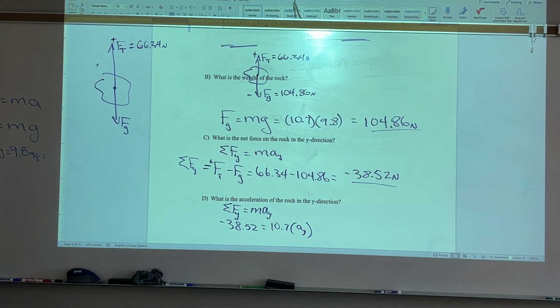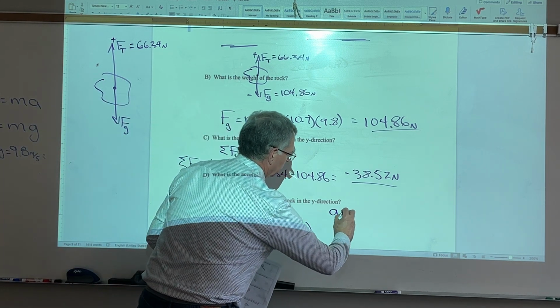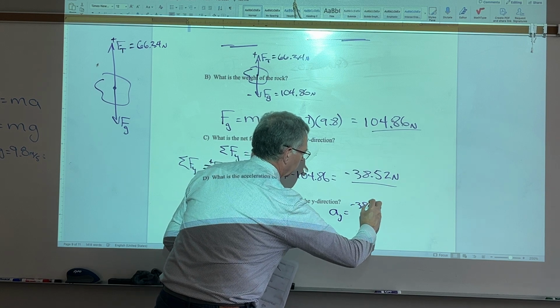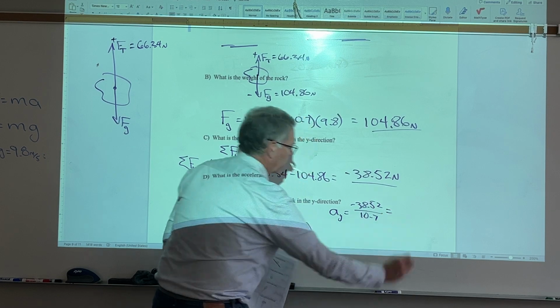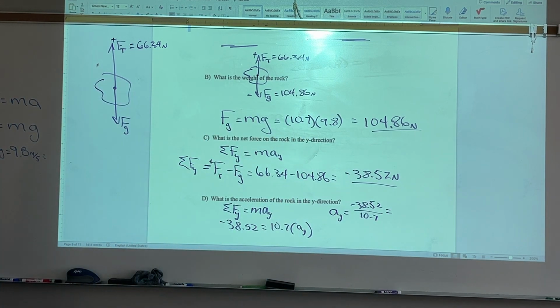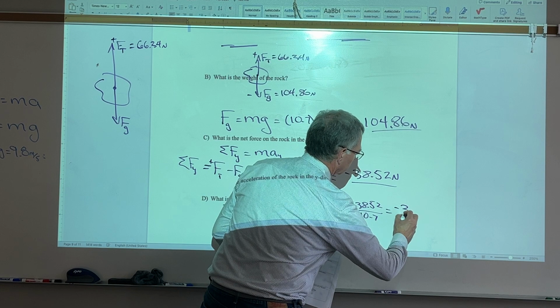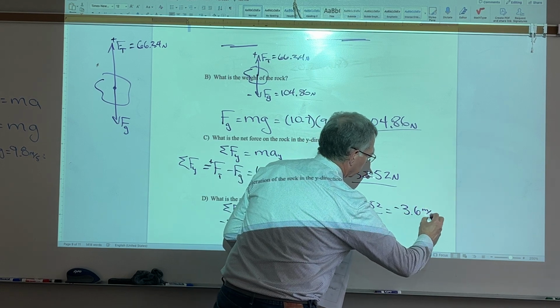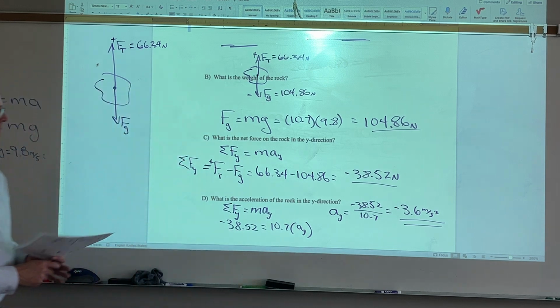You divide. Negative 3 point something. Negative 3.6. Make sure you put the labels, meters per second squared. There. All right, good.